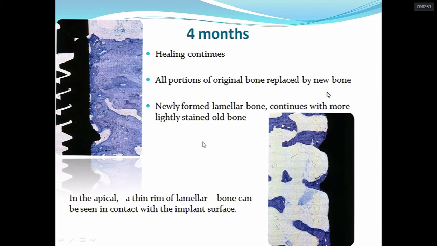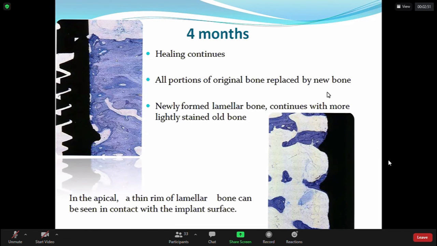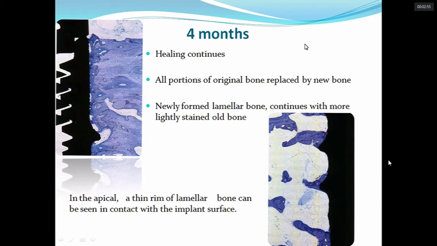The primary stability should be more than 35 Newton centimeter. And the crown which we are giving should be out of occlusion. It is for aesthetic purpose only, so we cannot eat hard food with that. There are protocols for that which we have to follow. Otherwise, there will be failure of the implant.